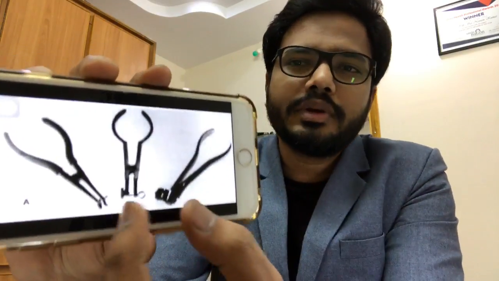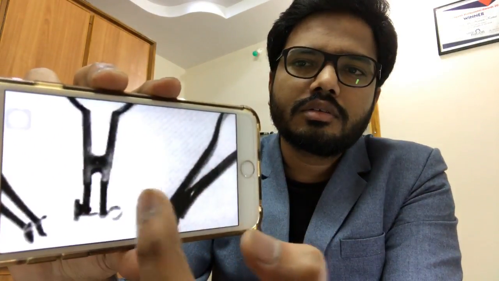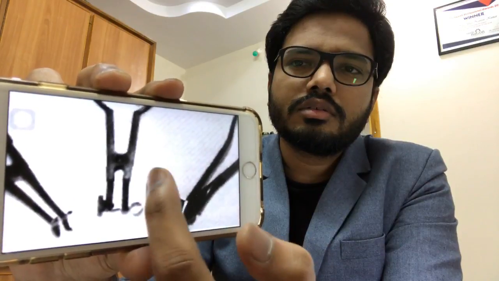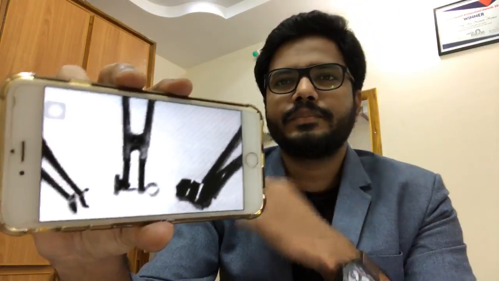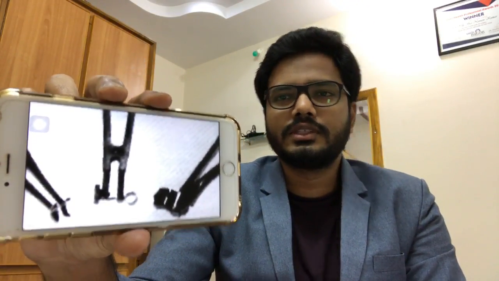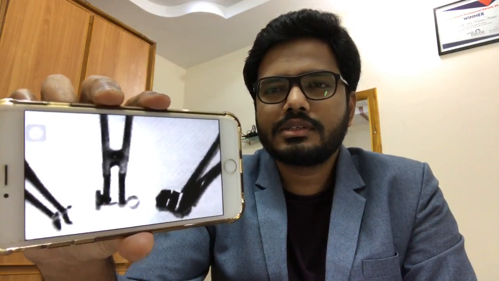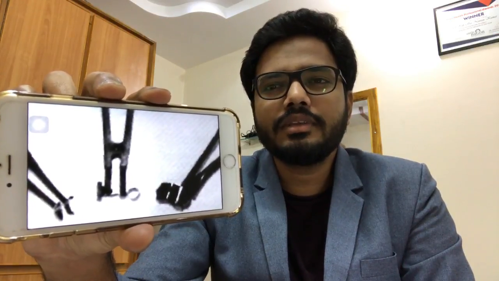Let me just zoom in. So this is the third question for today. What does this image represent? Can you name these instruments?